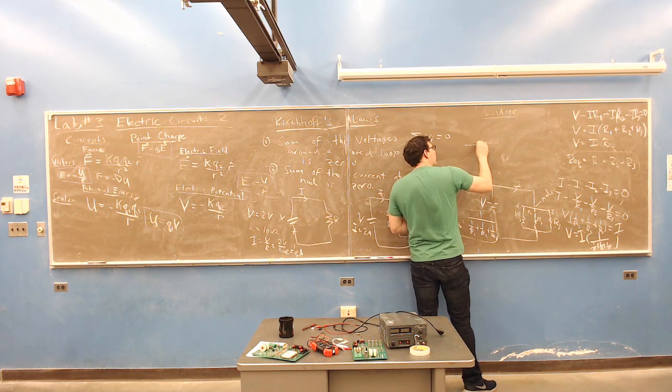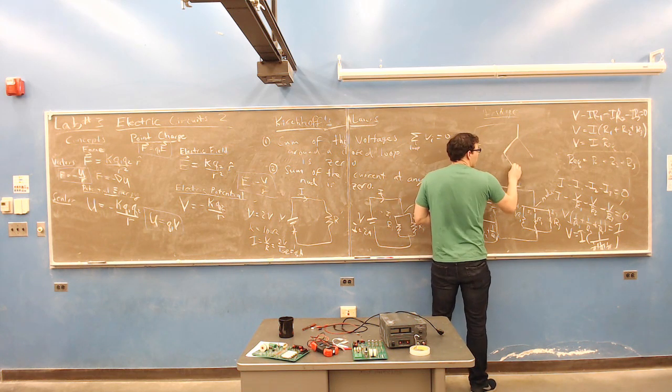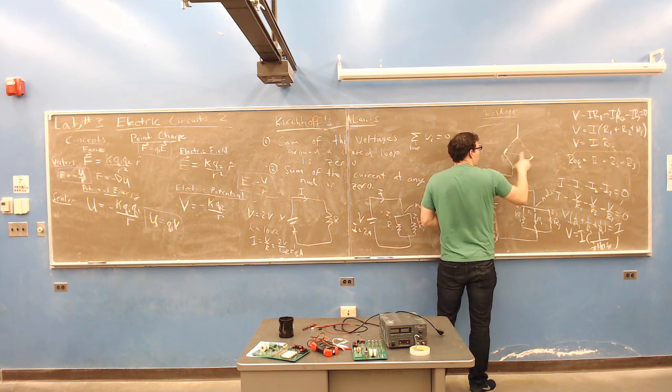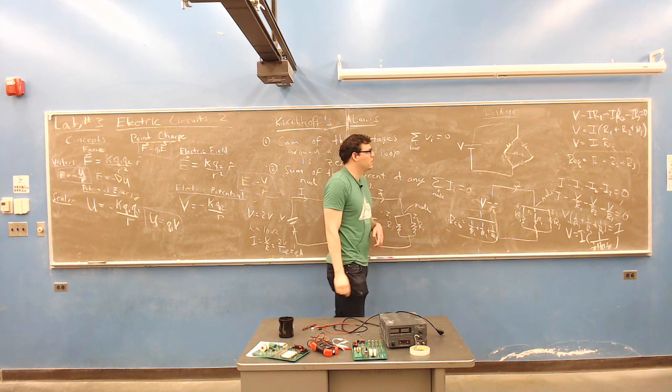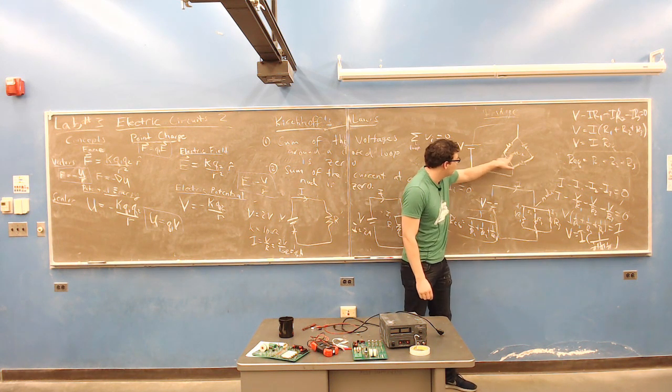And it looks like something like this. All right, so it's sort of diamond shaped, and it has a resistor across this part.